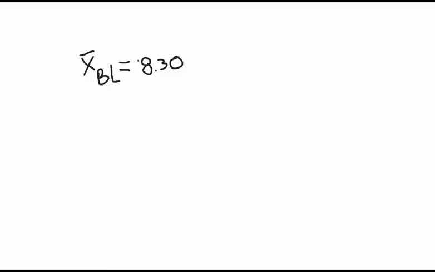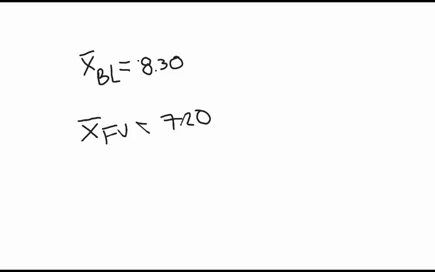And then we could also calculate the sample mean for the follow-up scores, and we would see that that is 7.20. So what we can see is that at baseline, the average participant smoked 8.30 times, and at follow-up, it was 7.20.